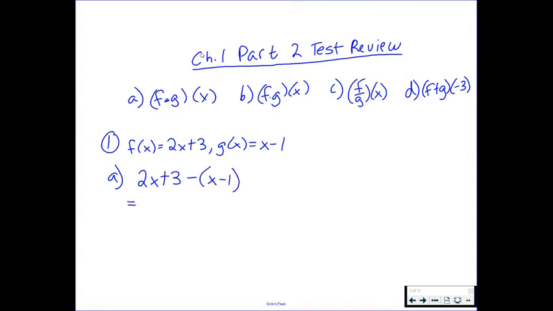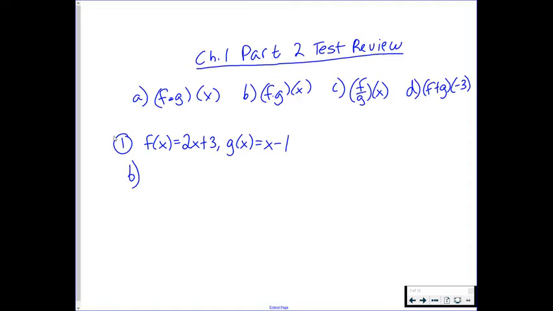Now we're going to simplify that by distributing the negative through those parentheses to get rid of the parentheses. Negative times x is negative x, and a negative times a negative 1 is positive 1. Now I'm going to combine like terms together. 2x minus x is 1x, and 3 plus 1 is 4. So on part A, that simplifies to x plus 4.